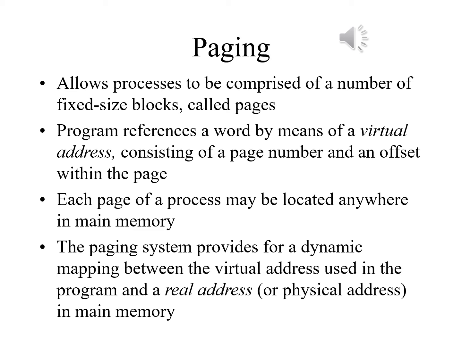A memory references a word by means of a virtual address consisting of a page number and an offset within the page. Each page of a process may be located anywhere in main memory. The paging system provides for a dynamic mapping between the virtual address used in the program and a real address or physical address in main memory.